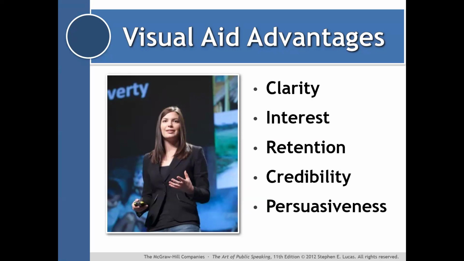It also helps build credibility, because if you're using a visual aid, then it automatically gives that idea that you have prepared this and that you've been thoughtful and deliberate and intentional about your presentation. And that credibility makes you more persuasive, because if we can trust that you're prepared, it's not a huge leap to trust that you know what you're talking about.